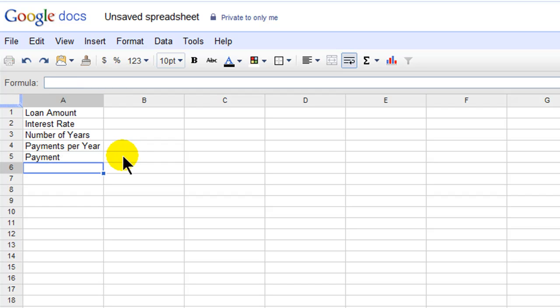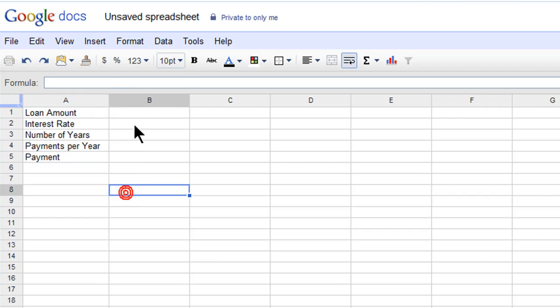Okay. There we go, and let's just go ahead and keep it simple here. I'll start off with a $10,000 loan. For interest rate, I'll put in 7.9%. Number of years, let's start off with just a 4-year loan. Payments per year, I'm going to start off with 12.